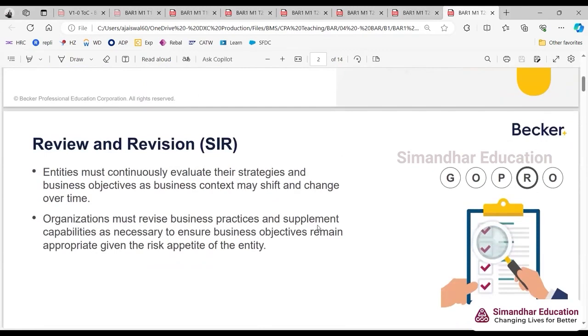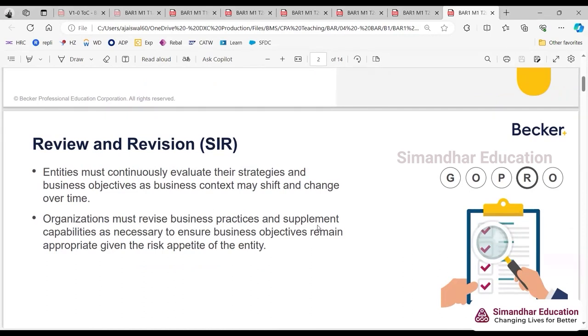Review and revision. So of course, after doing everything, once we have done the exercise of risk management, we cannot just sit later on. We will have to review it on a regular basis to check that there are no new risks that have come up, or that the level of risk that we had assessed earlier has not changed, right?